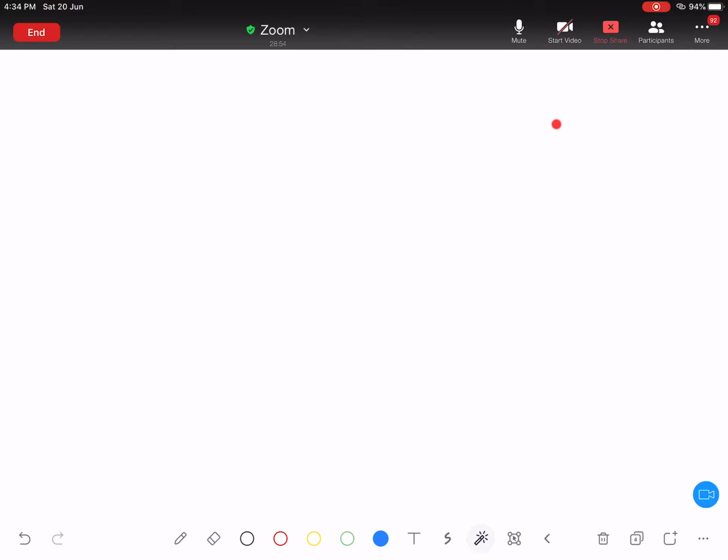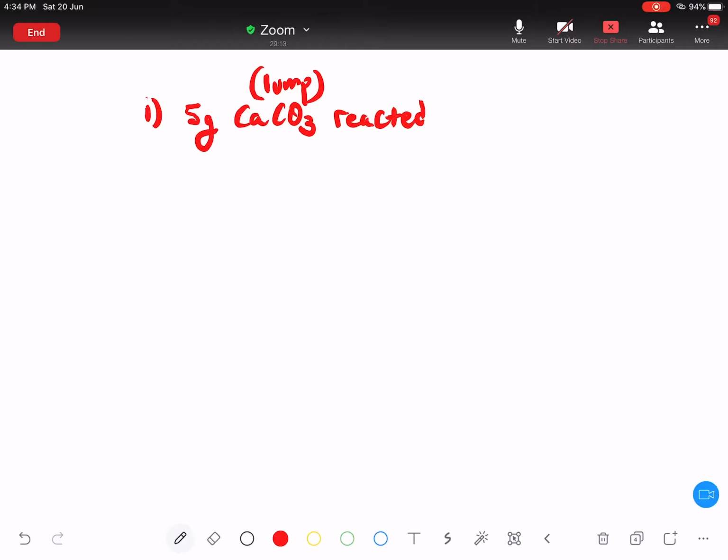Okay, done. What I'm trying to say is, I use two experiments. The first experiment: 5 gram calcium carbonate lumps reacted with 0.5 molar 50 cm cubic HCl.